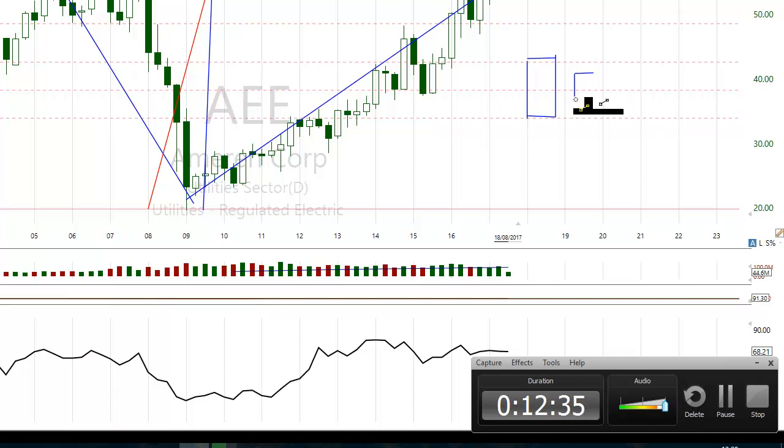This is what we call the inside bar. The reason why we call it inside bar is because it's within the range of the prior candlestick bar. So talking about the range of the first candlestick bar, from the high you draw a line at the high and the low. And if the range of the second candlestick bar is within the range of the first one, that's an inside bar.